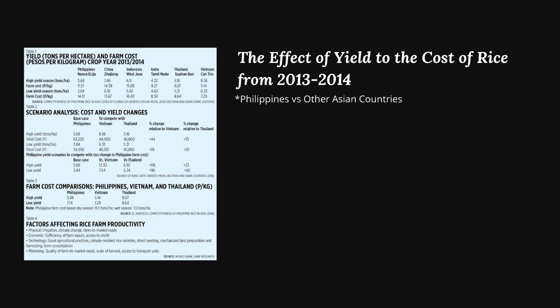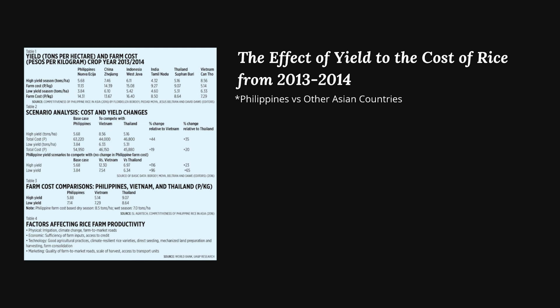In effect, the Philippines is highly uncompetitive with the rice exports, 116% higher than Vietnam and 23% higher than Thailand. In low yield seasons, the Philippine cost is the second highest after Indonesia. It is, however, 2 times that of Vietnam and 1.6 times higher than Thailand's.